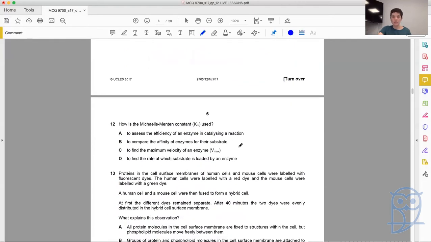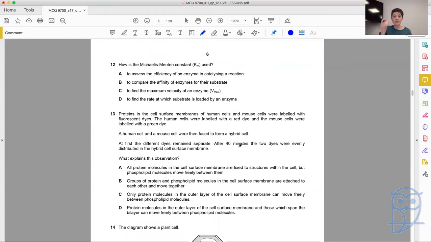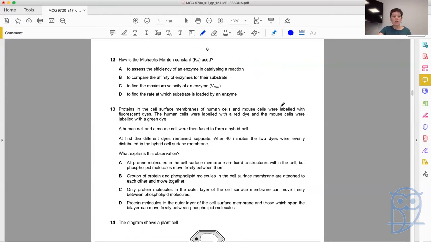Question 12. Continuing with enzymes. How is the Michaelis-Menten constant, Km, used? Is it used to assess the efficiency of an enzyme in catalyzing a reaction, to compare the affinity of enzymes for their substrate, to find the maximum velocity of an enzyme, or to find the rate at which substrate is loaded by an enzyme?